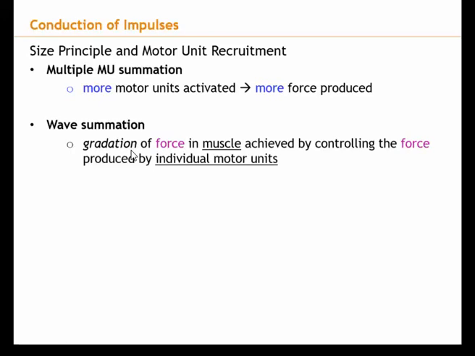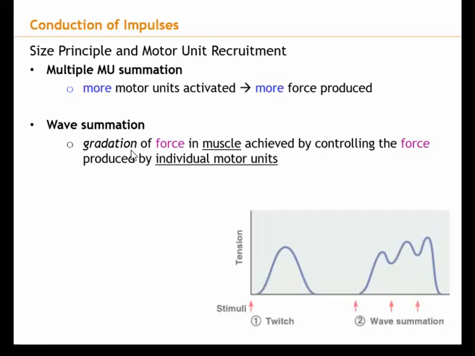So gradations in force are developed by the muscle also achieving and controlling the force produced by individual motor units. Wave summation is defined as the product of the rapidity of which an action potential generated by the motor neuron to stimulate the muscle fibers.